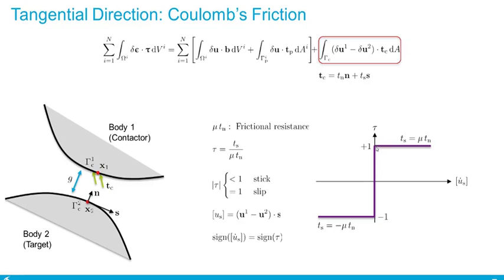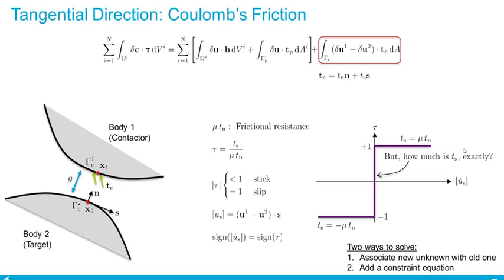When tau is between -1 and 1, we have a stick condition, which means that our sliding velocity is 0, so no sliding, but we don't know the values of Ts, which means that we don't know the value of tau. When tau becomes -1 or 1, we have sliding, and so the velocity could take any value when tau equals +1 or -1.